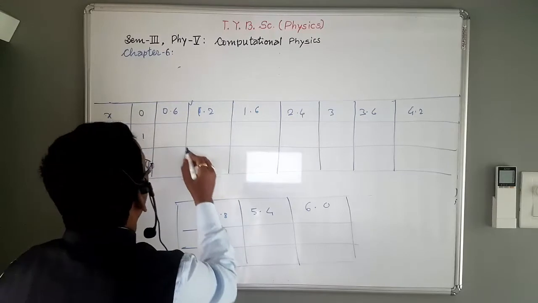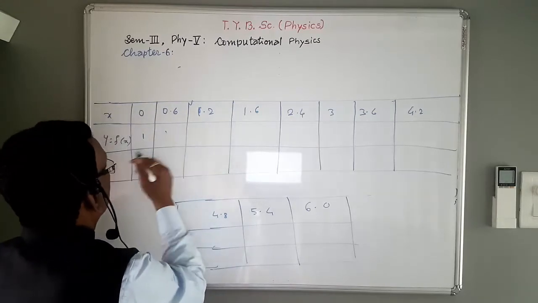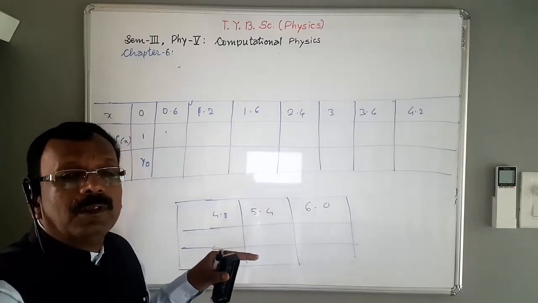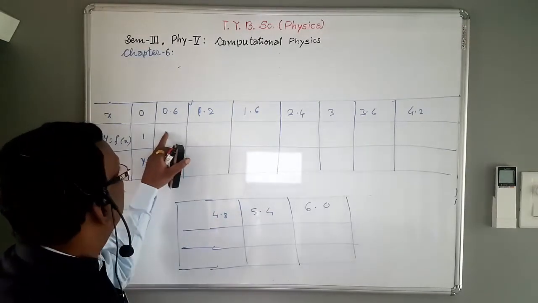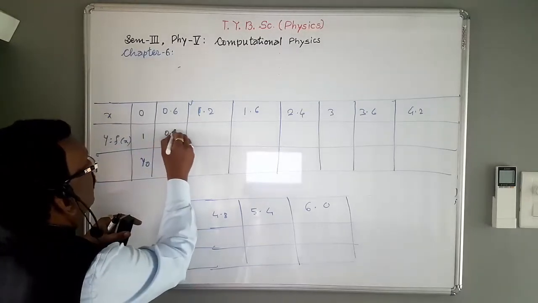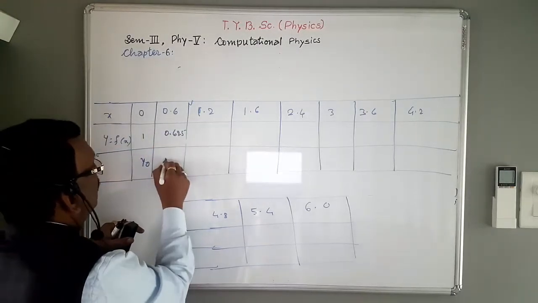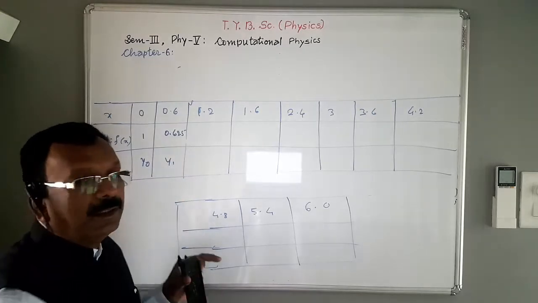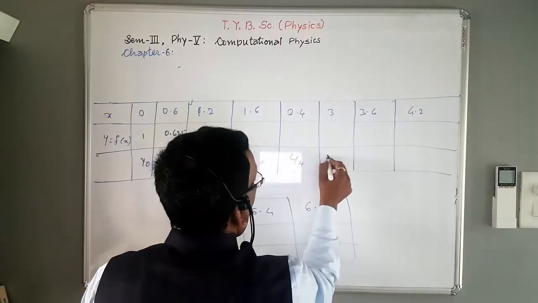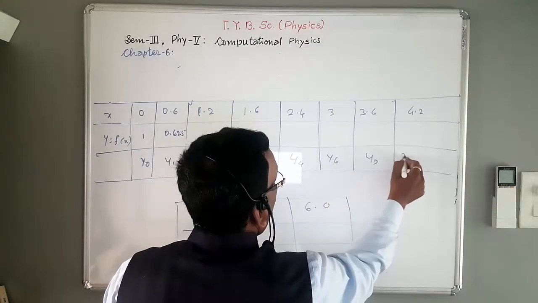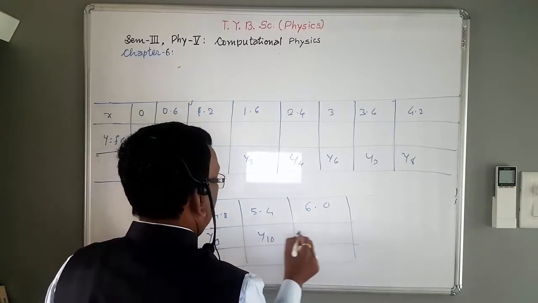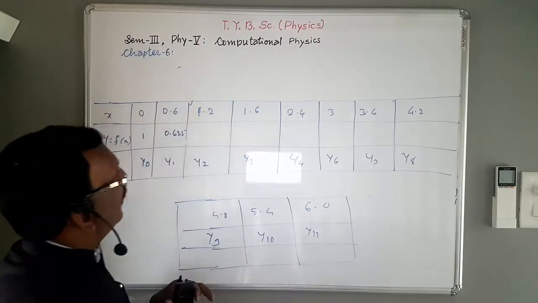So first, for 0 the value is 1. The value for 0.6 is 0.625. This is y1. Then y2, y3, y4, and so on up to y10.